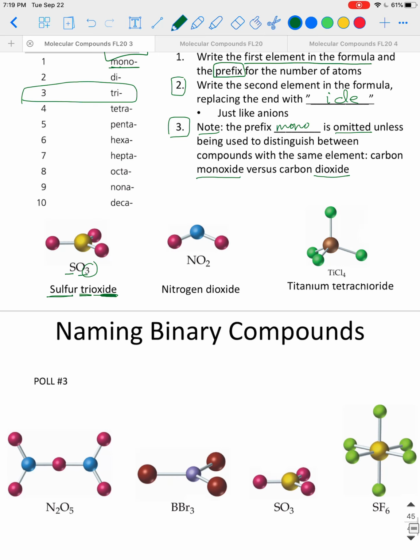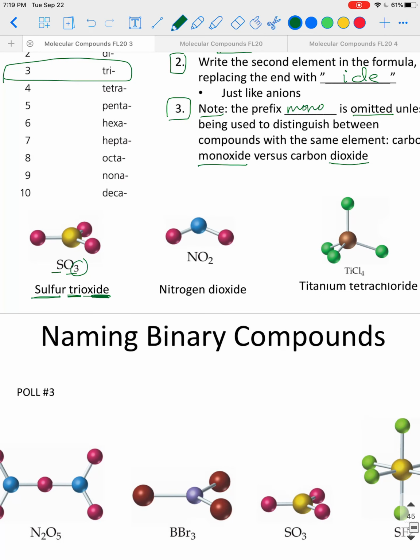So if we look at the middle molecule, NO2, you name the less electronegative element, which here is nitrogen. So we'd say nitrogen, and oxygen's going to come second. We omit mono, so it's just nitrogen, but we do put the prefix for oxygen. There's 2 of them.